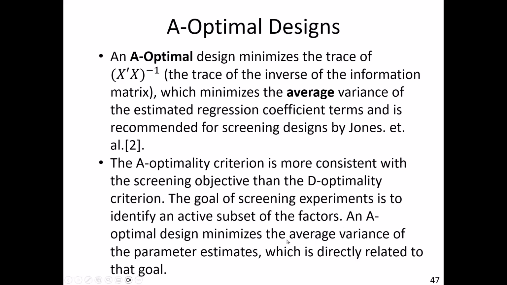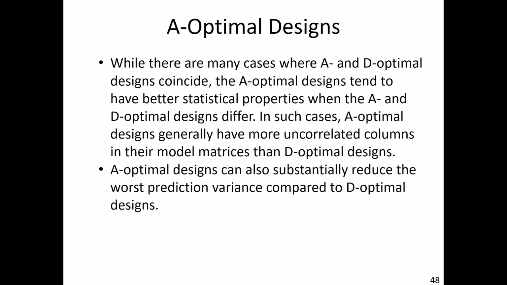An A-optimal design minimizes the average variance of the parameter estimates, and that's directly related to the goal of screening. And while there are many cases where A and D-optimal designs coincide, the A-optimal designs tend to have better statistical properties when the A and D-optimal designs differ. In such cases, A-optimal designs generally have more uncorrelated terms in their model matrices than D-optimal designs. You can also get lower worst-case prediction variance when you compare A versus D.